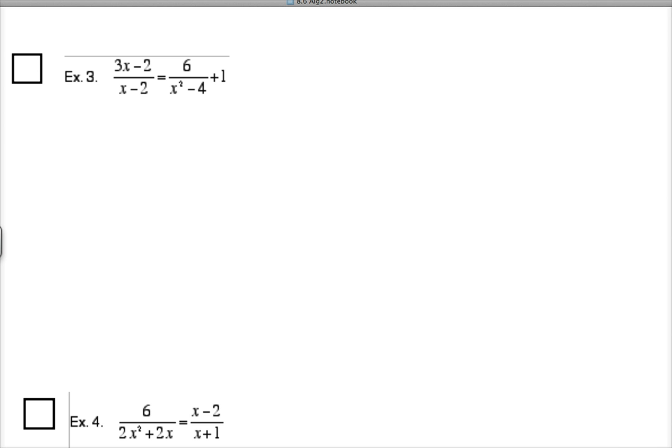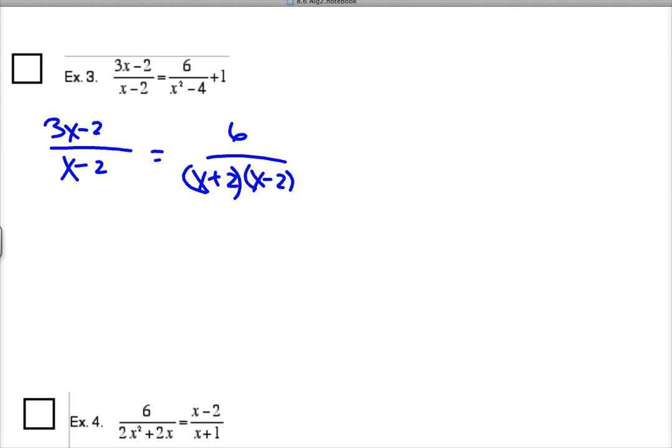Two more problems here. Example 3. Find a common denominator. To do that, you might want to factor. Factoring x squared minus 4 turns into x plus 2 times x minus 2. And then I got 1 over 1. Which means the common denominator looks like it would be x plus 2, x minus 2.